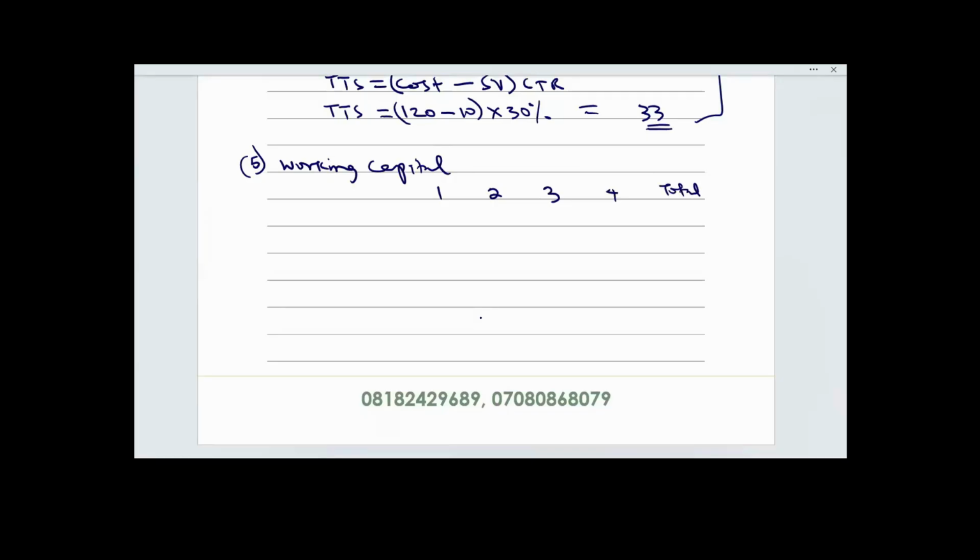All right, so we have working capital of 20 million naira for year 1. And of course, inflation rate is 3%. Let me show you another method of 3%.